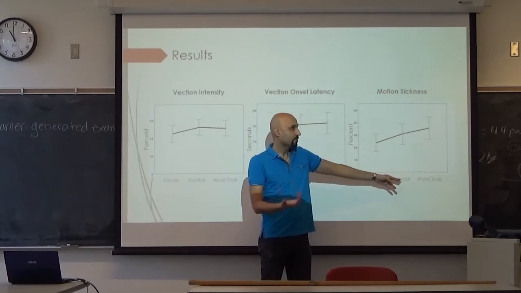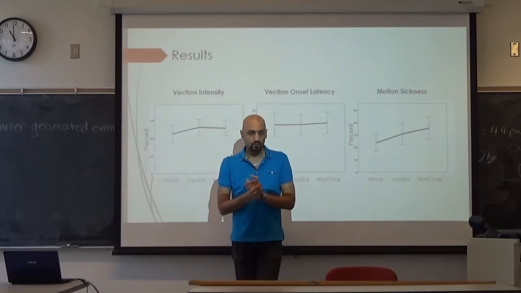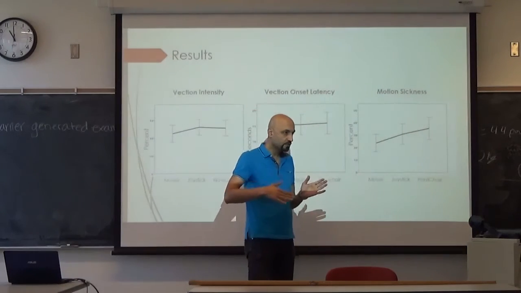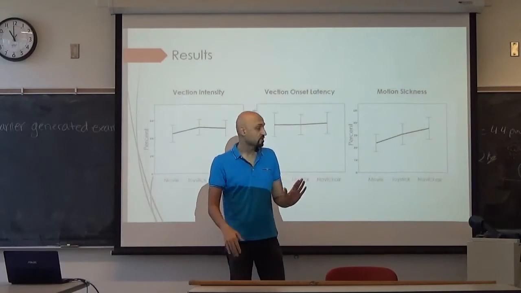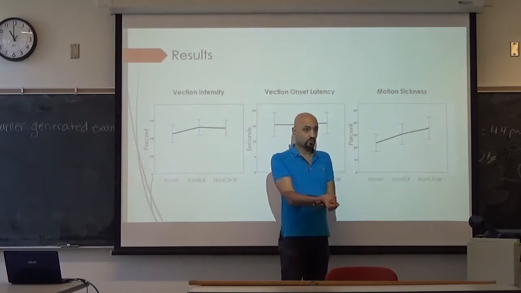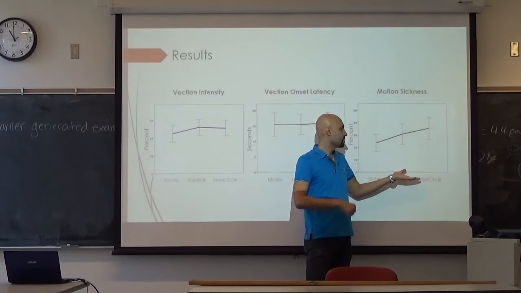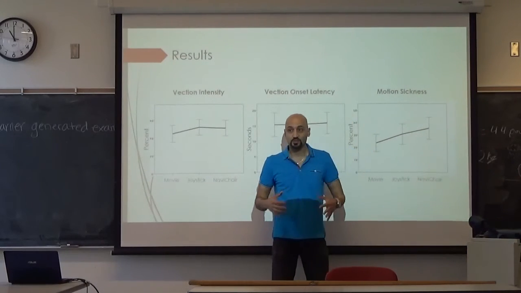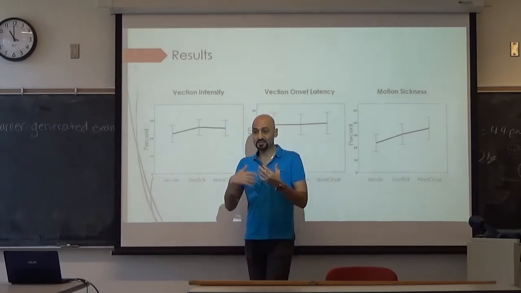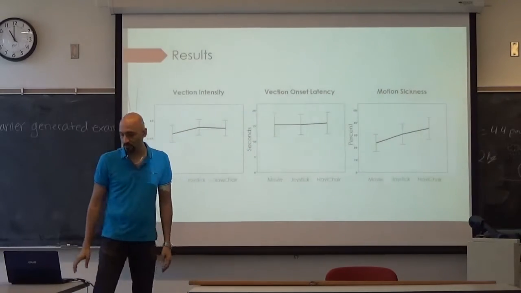Maybe we hypothesize that the joystick would cause more than the movie, because in the movie you feel yourself at a constant speed, pretty smooth, but with a joystick you have more ups and downs, raising your speed, lowering your speed, which gives you more motion sickness. And with NaviChair, because you need to move your body and it's hard to control smooth movement, it can make you even more sick.